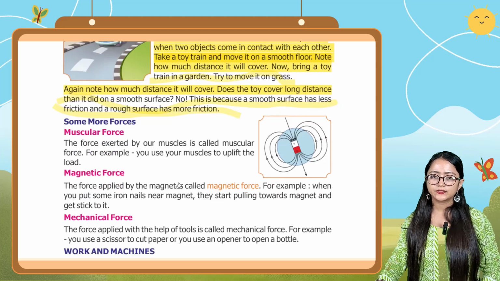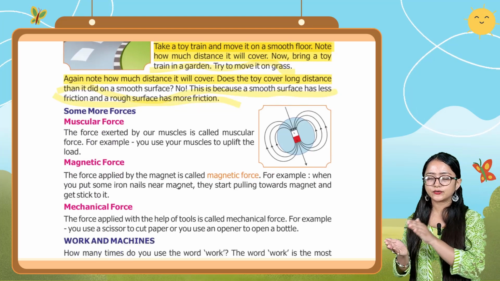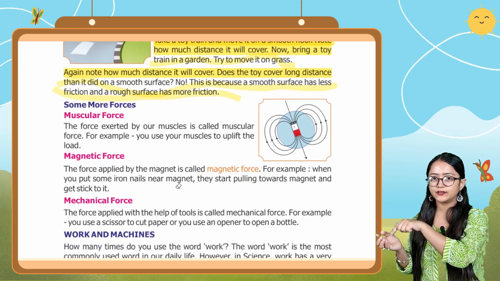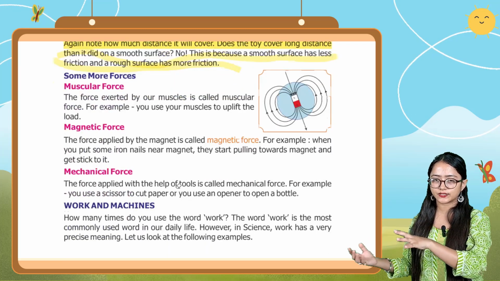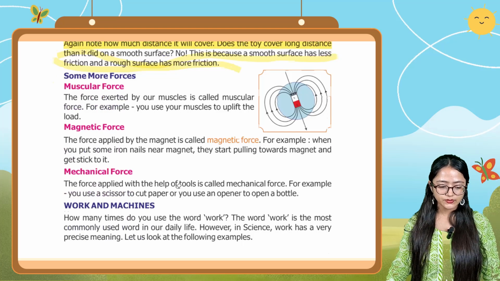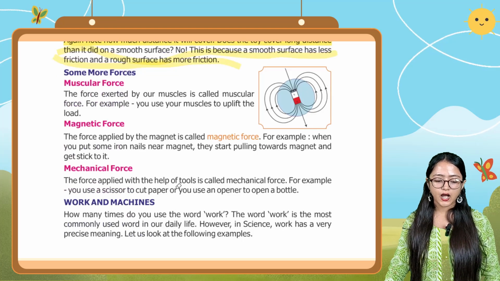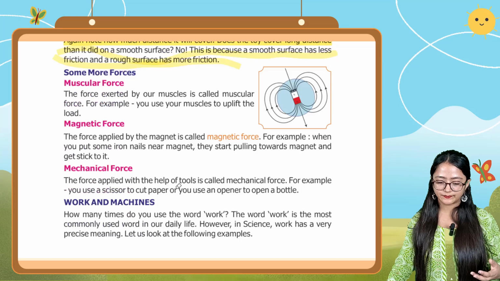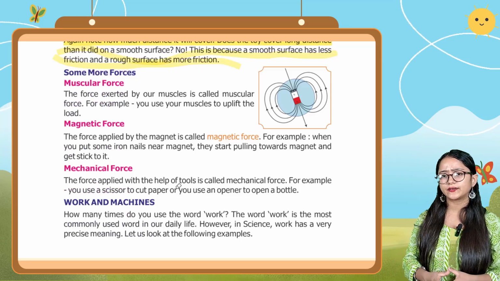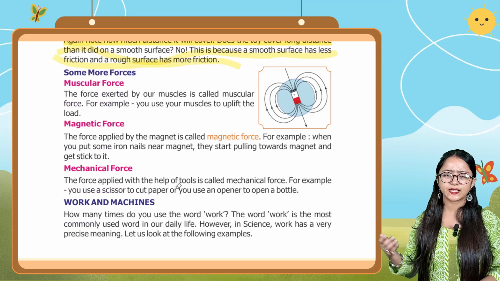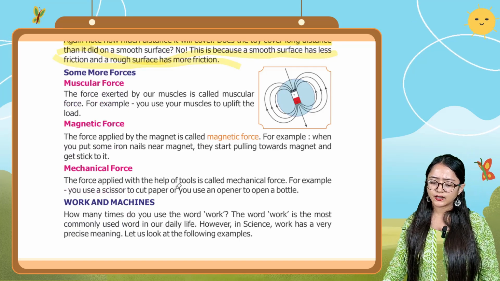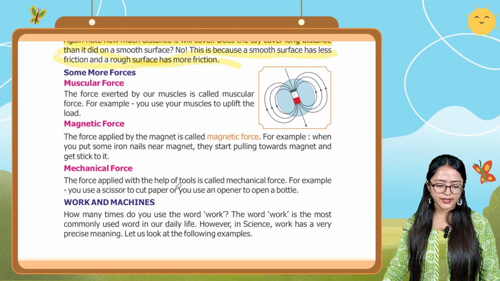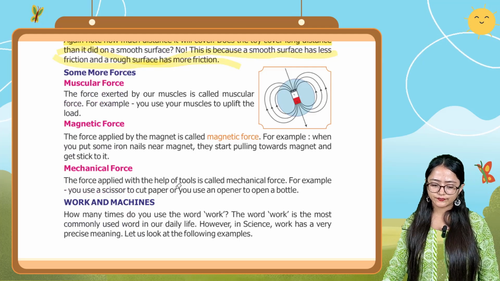So that means there is a relationship between the two objects when they touch each other, and then this friction process occurs. Again note how much distance it will cover. In the garden area, we can see the toy train will cover less distance as compared to the smoother area. Does the toy train cover a longer distance than it did on a smooth surface?